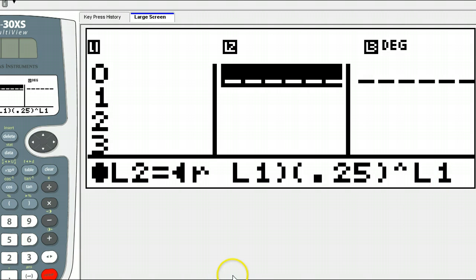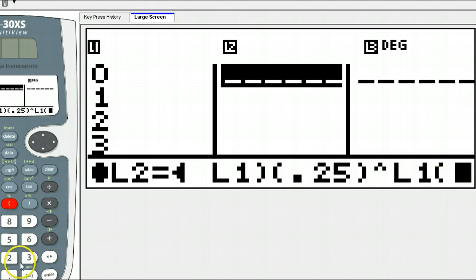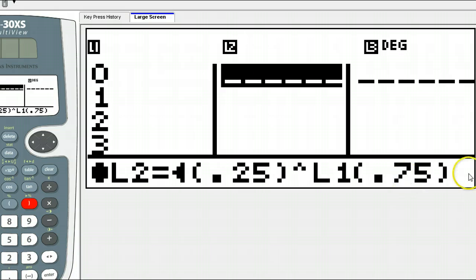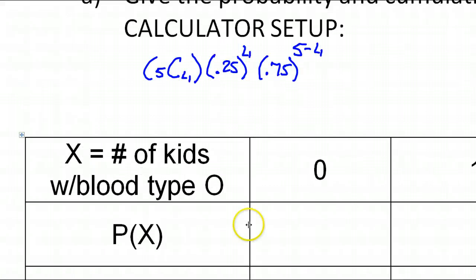Now for the probability of failure, the probability is 0.75. And remember, we have to do this to the power of 5 minus L1. That looks like a 4, doesn't it?